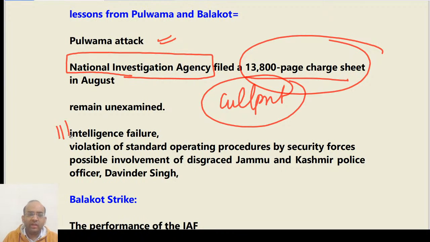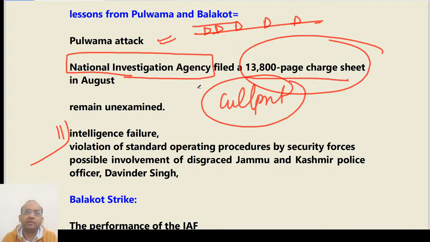Second, intelligence failure. See, a whole range of numerous military vehicles was passing on that day. One vehicle, second vehicle, third vehicle, fourth vehicle, fifth vehicle, etc. A large number of soldiers were in each vehicle, and they were going for their winter posting.